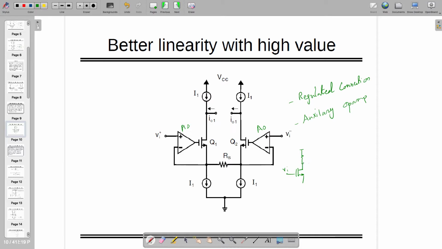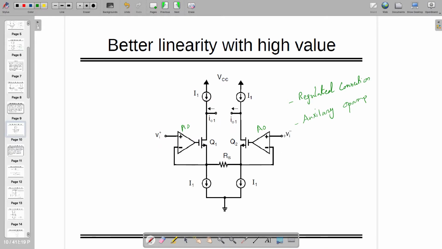Here it's Vi, and this is plus and this minus is connected to... I need to make it differential actually. Anyway, you can make that and find this out.